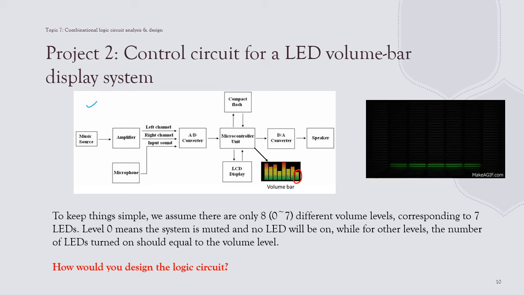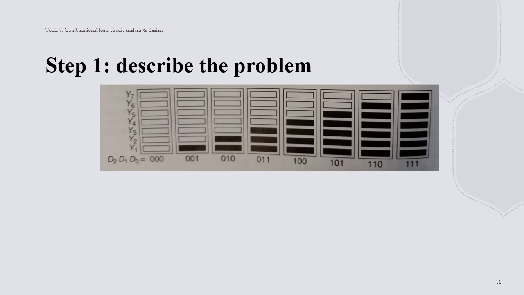So how to design such a logic circuit? Again, the first step is to understand this problem clearly. So here, this diagram shows what will happen when the volume changes to each state. The first column shows that there are 7 LEDs.